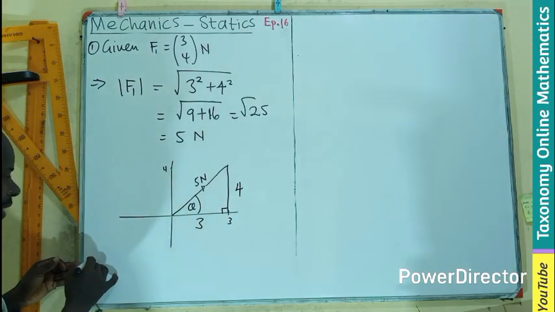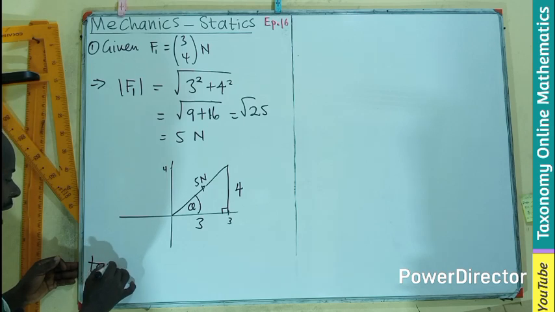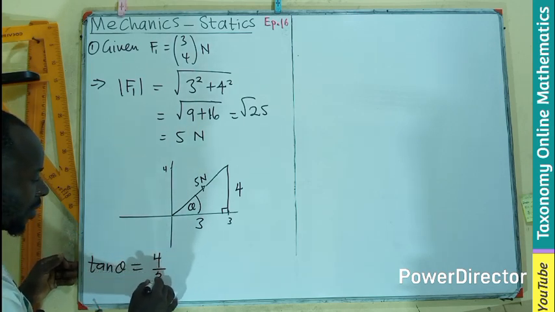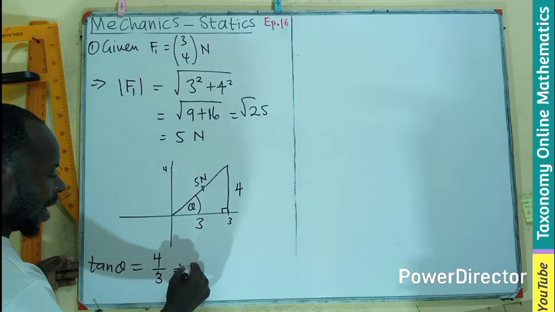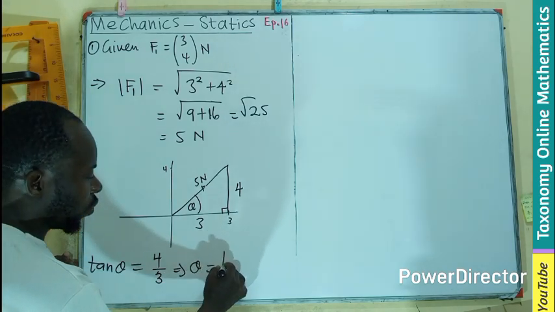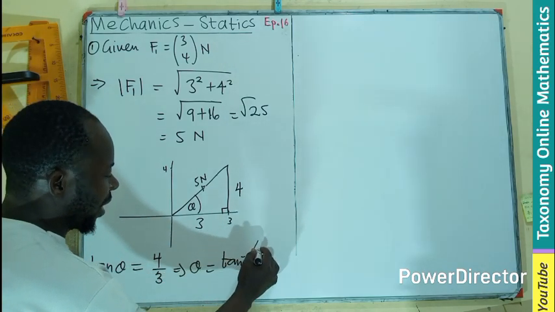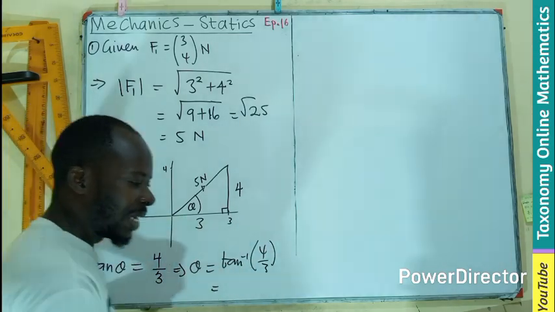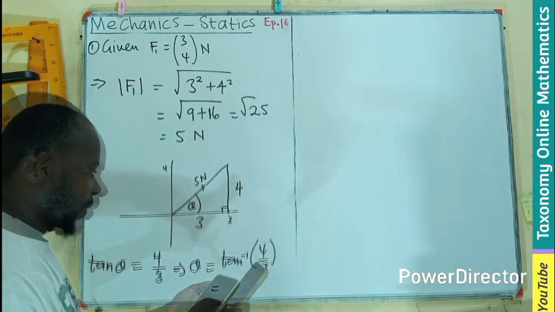So we know that the angle there is tan theta equals 4 divided by what? 3, which makes theta equal to the tan inverse of 4 over 3, and we can check that on our calculator.